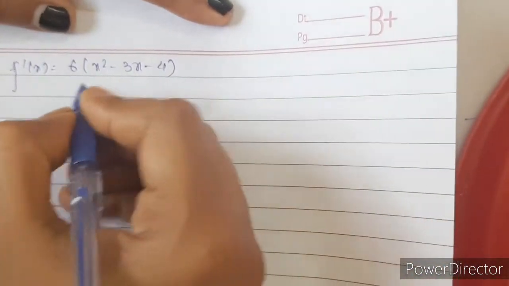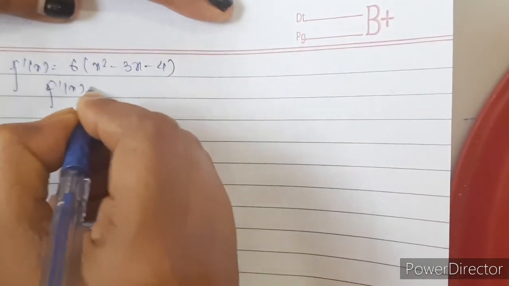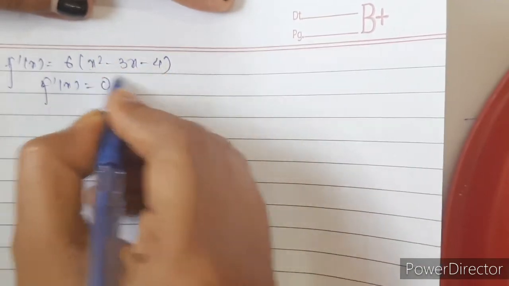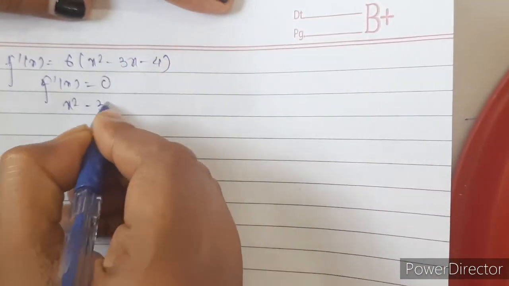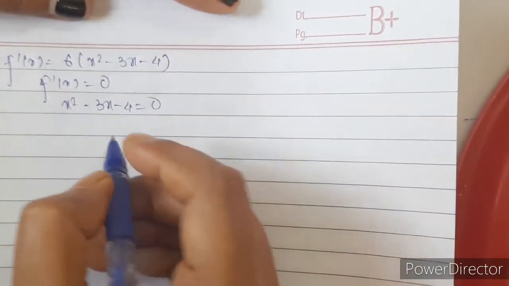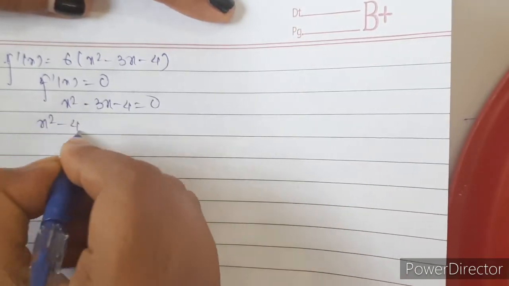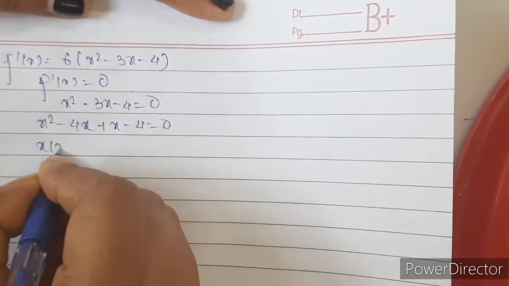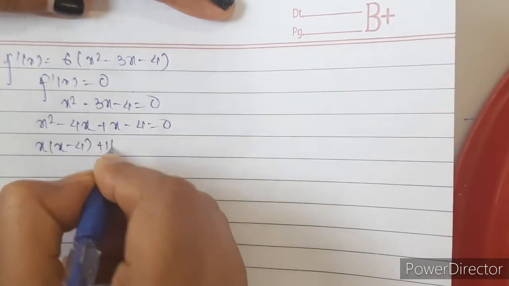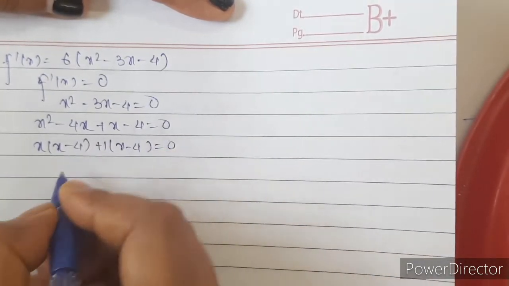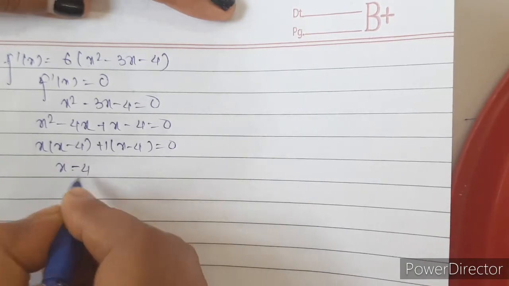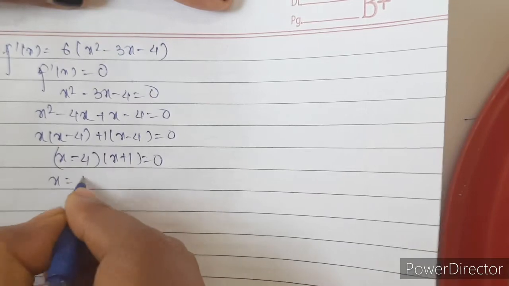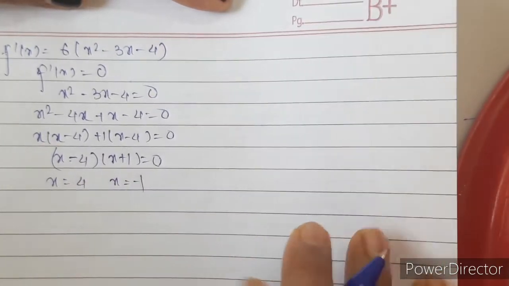We can equate this to 0 and find roots of this particular equation. x square minus 3x minus 4 equals 0. So we can write this as x square minus 4x plus x minus 4 equals 0. So this can be written as x into x minus 4 plus 1 into x minus 4 equals 0. So what we are getting is x minus 4 and x plus 1 equals 0. So the roots are 4 and minus 1.